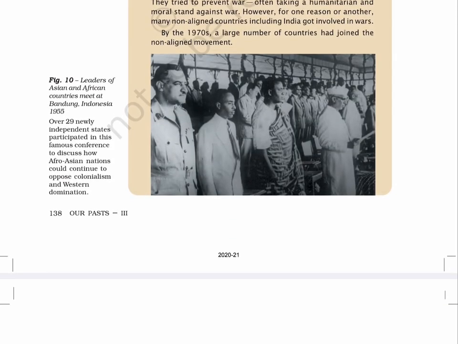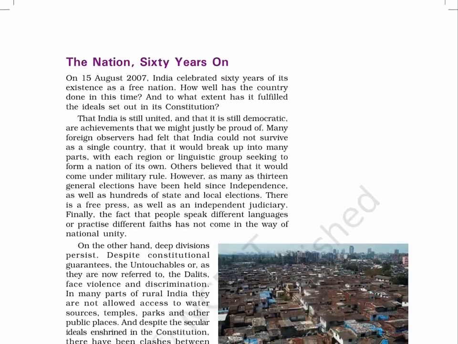Leaders of Asian and African countries meet at Bandung, Indonesia, 1955. Over 29 newly independent states participated in this famous conference to discuss how Afro-Asian nations could continue to oppose colonialism and Western domination. Page 139.